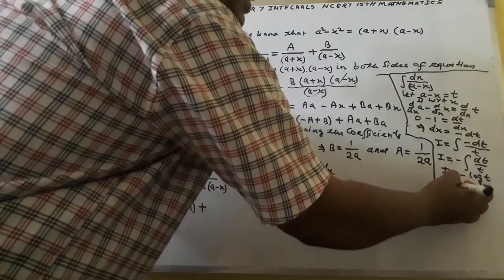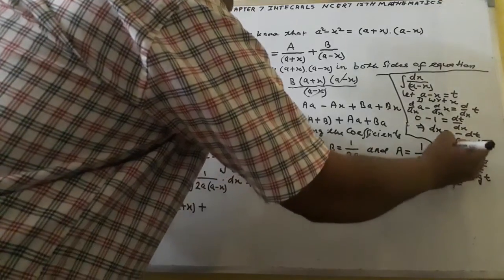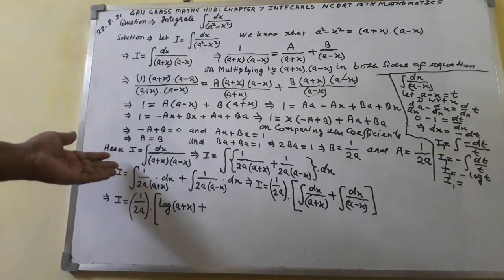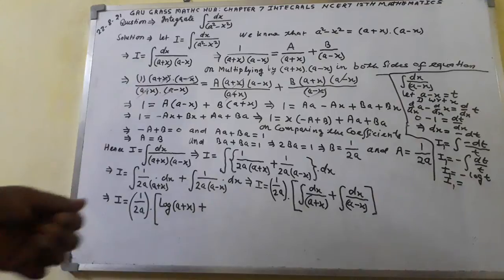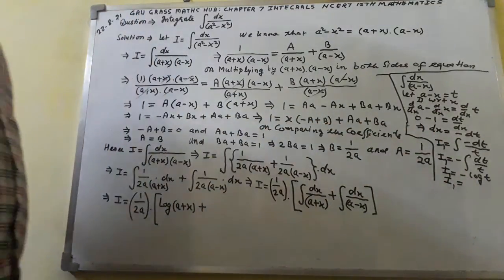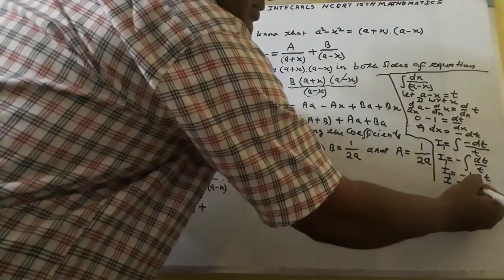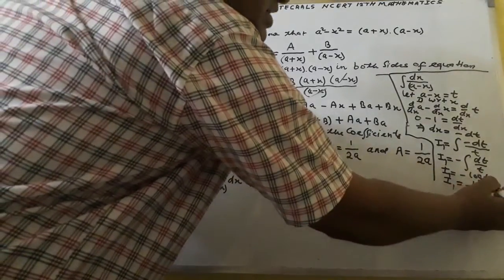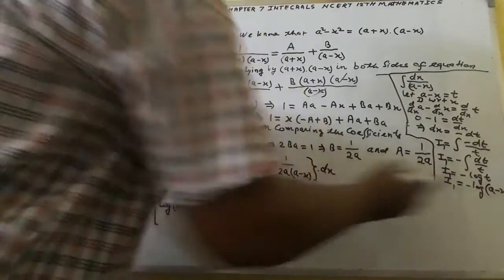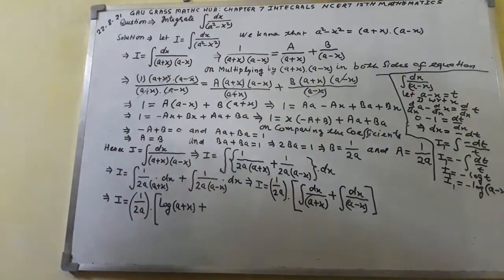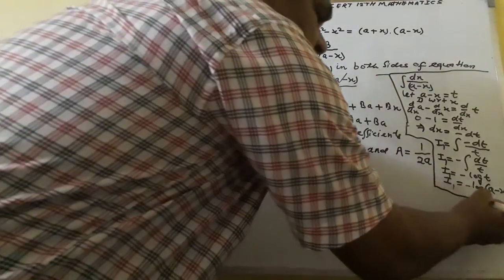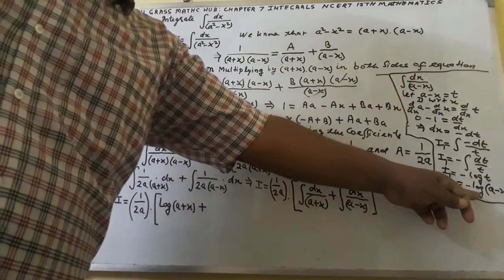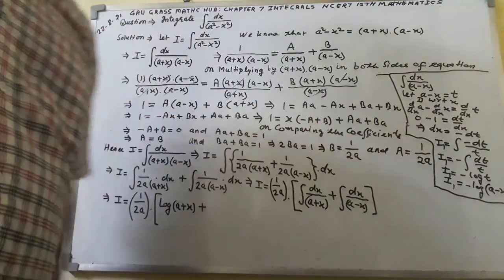I write I1, why I1? Because I have already used I here. So I1 equal to minus log, in place of t I shall write a minus x. I1 equal to minus log in bracket a minus x.